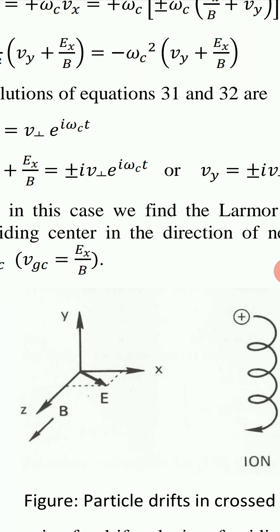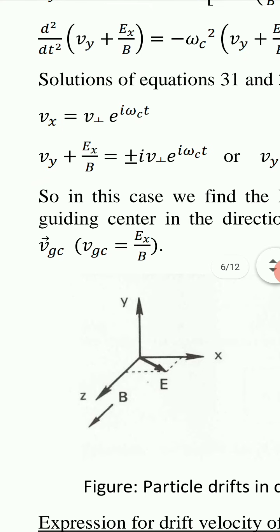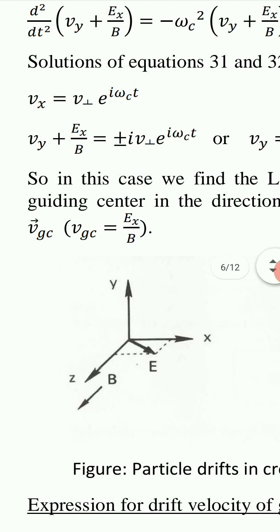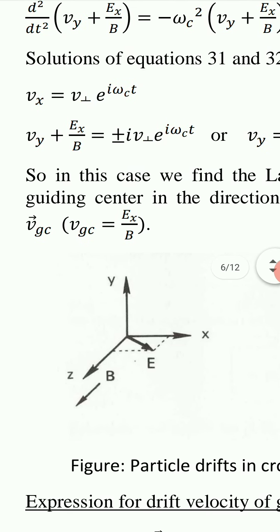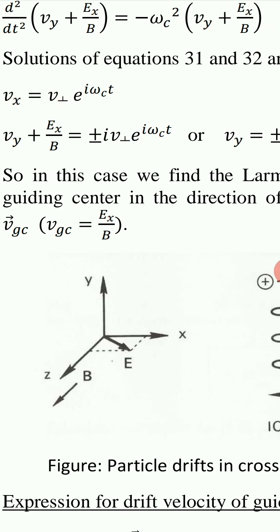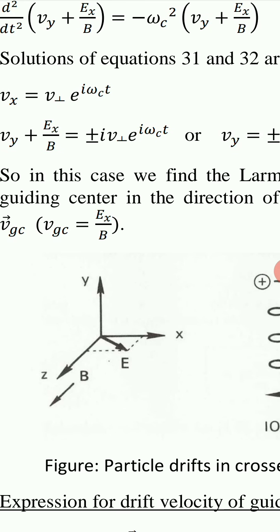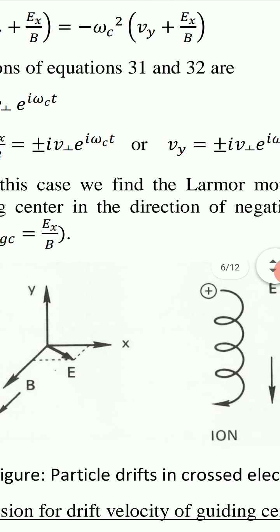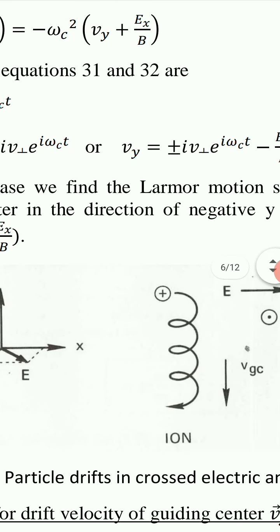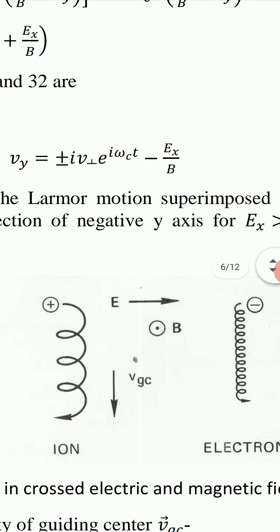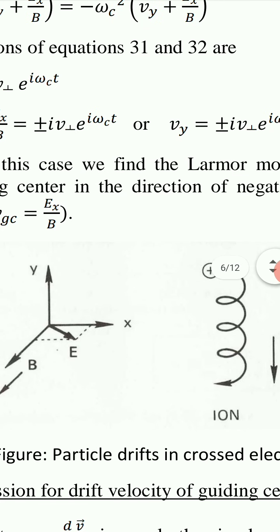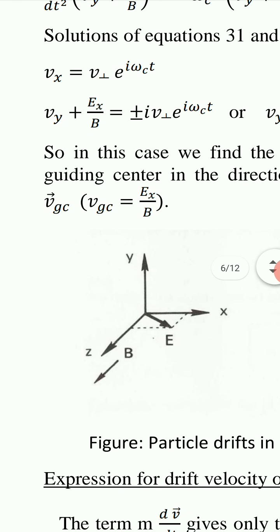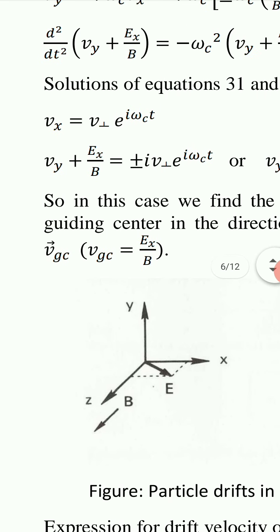We have used plus minus sign with it, which gives the value of Vy. Bring Ex upon B to right hand side. So Vy equal to plus minus i V perpendicular e to the power i omega ct minus Ex upon B. So we get the values for Vx and Vy.